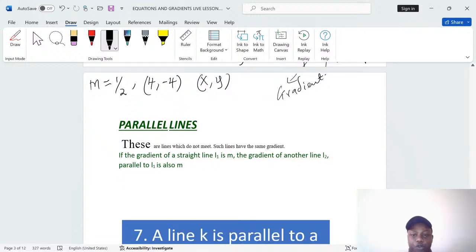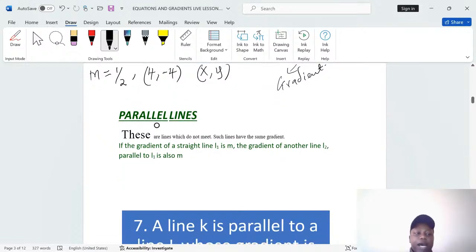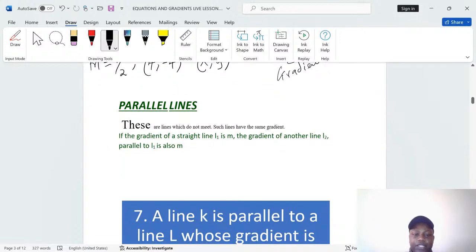All right, it's good we mention something about parallel lines. Basically, parallel lines are lines which do not meet. In physics, you say these are lines which meet at infinity. Such lines have the same gradient, or rather they have equal gradients. The gradient of a line is equal to the gradient of another line which is parallel to the provided line.